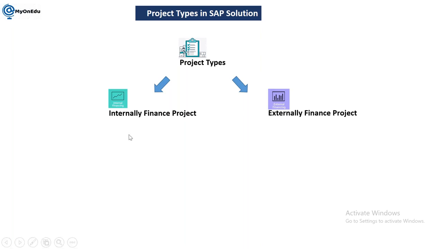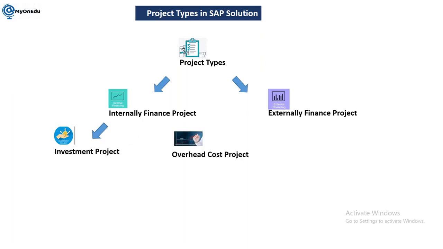Going further, an internally financed project can be of two types. One is an investment project, another is a cost project or overhead project. In an investment project, we know that it is going to become an investment for us. Let's say we are going to execute one project to construct a new plant.